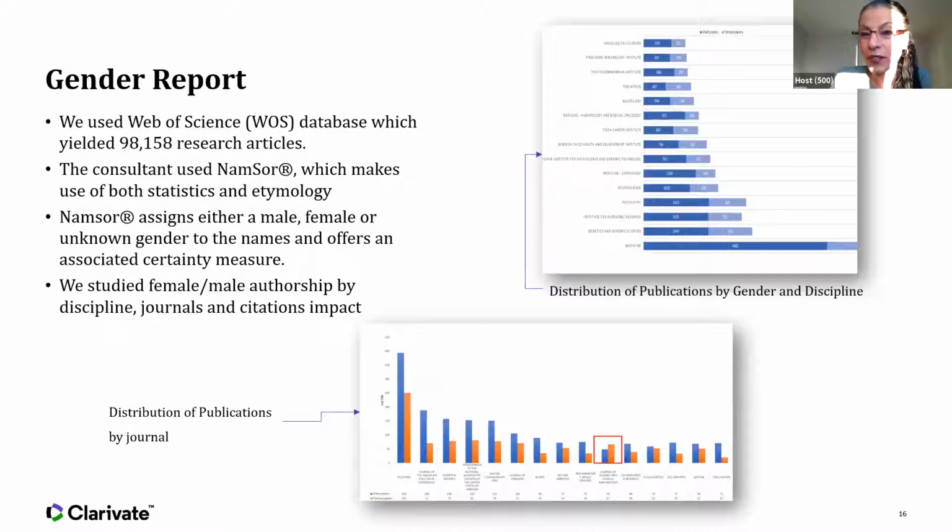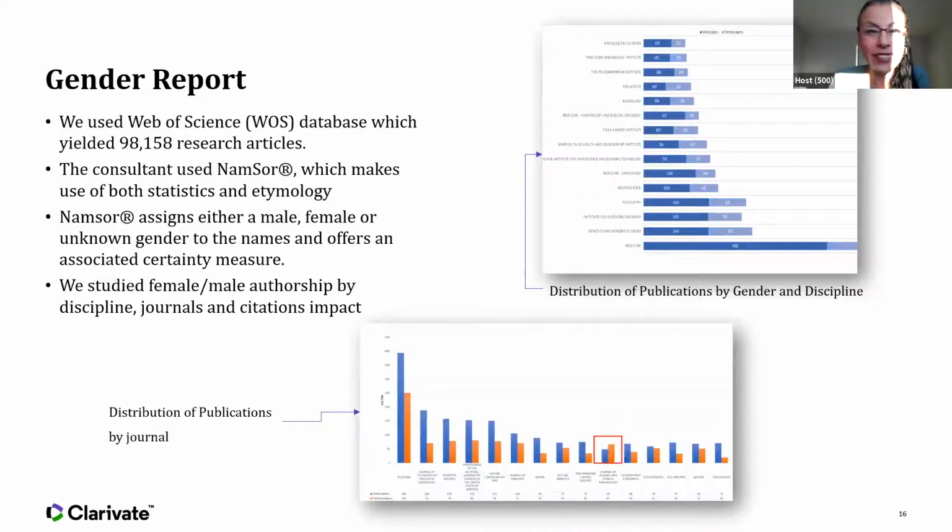And the consulting services were able to retrieve our publications. They used name sorts in order to predict male or female names, which was quite successful.